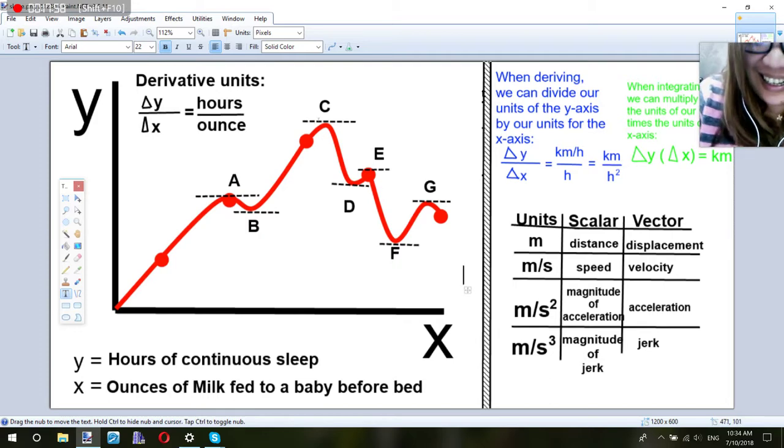So let's break that down just a little bit. What told you that C was the maximum when you looked at the graph? The longest number of hours. Longest number of hours. Okay, so you're looking at the y value. You're looking at which of the relative maximums, so A, C, E, or G, had the largest y value.